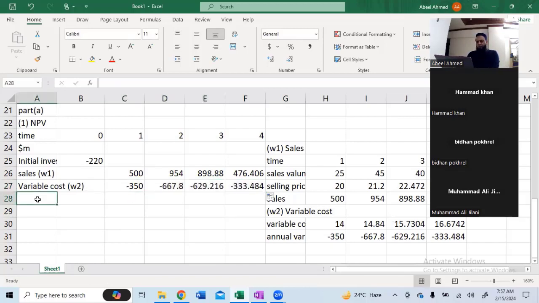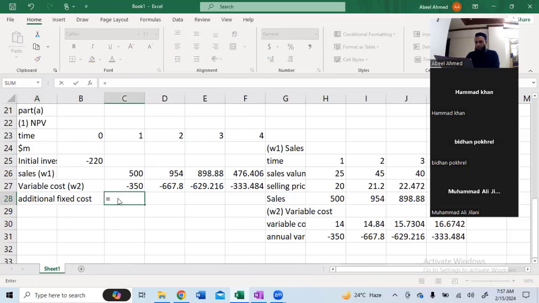What was the amount of additional fixed cost? Can anyone tell us, please? Let's see the amount. 120, and then inflation was 10%. Okay.